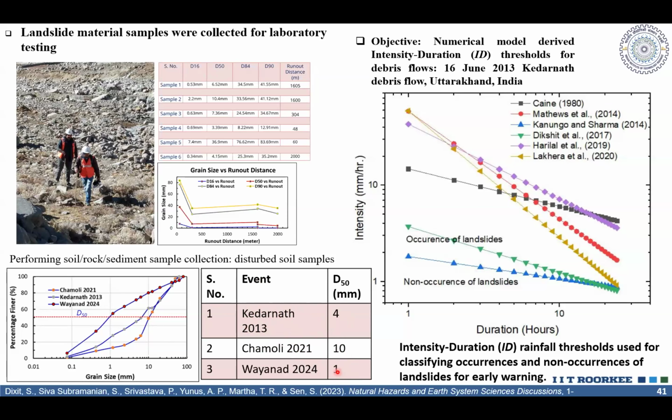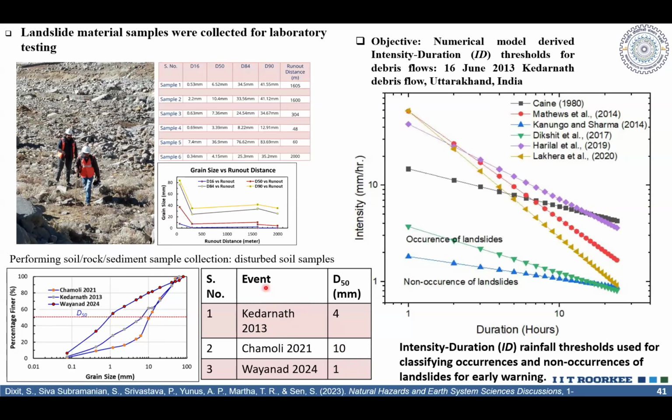And we believe Wayanad is a different case. We believe the fine material present in the hill slopes during the Wayanad landslide was the reason it had the enormous erosive power to move large chunks of sediment. Similar to the glaciated part here, 10 mm, and Kedarnath, it is like here.